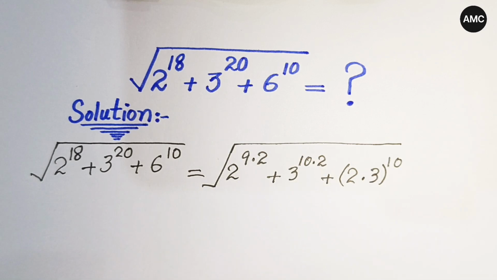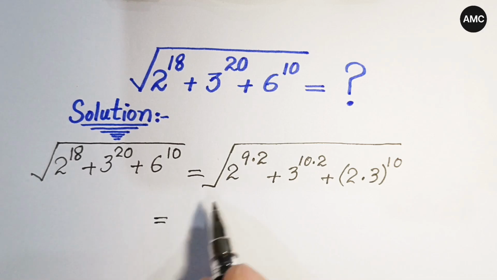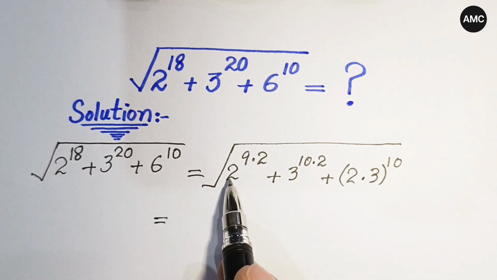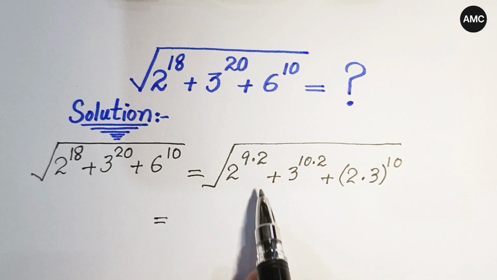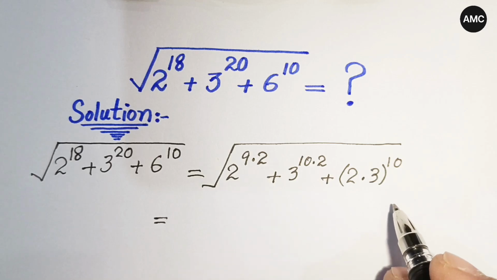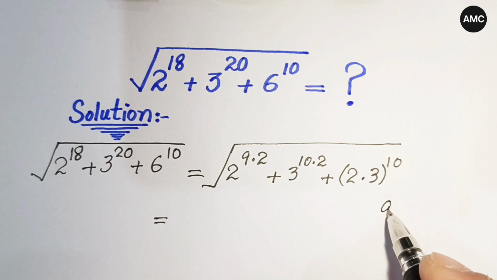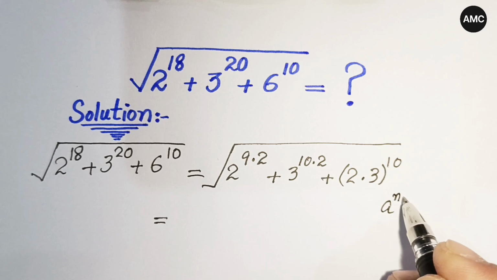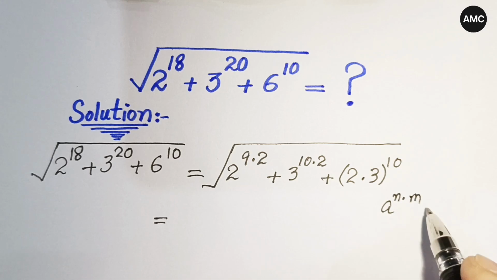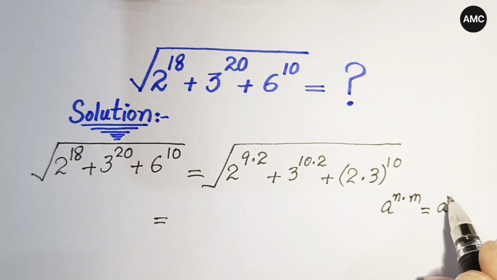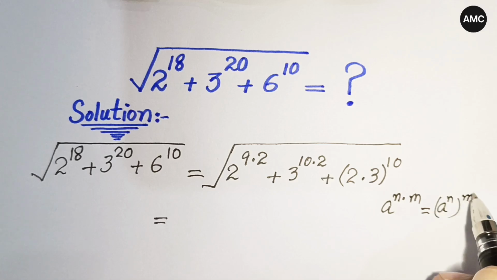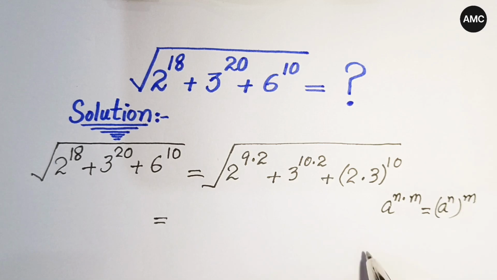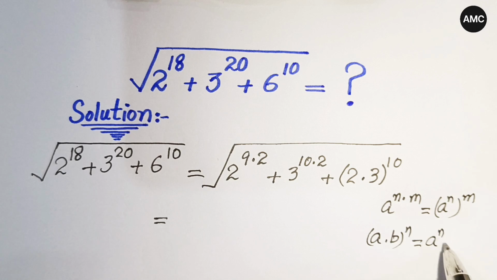Now our next step: here we have 2 to the power 9 times 2. We know that by exponential properties, if we have a to the power n times m, it is equal to a to the power n whole to the power m. And similarly, if we have a times b whole to the power n, it is equal to a to the power n times b to the power n.